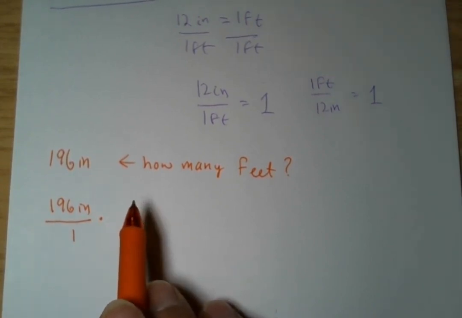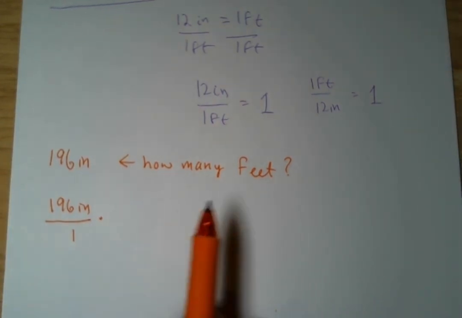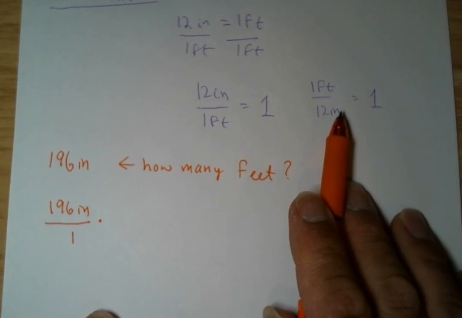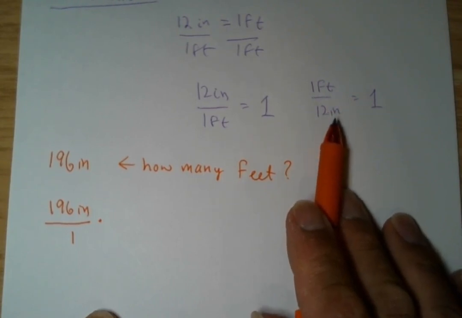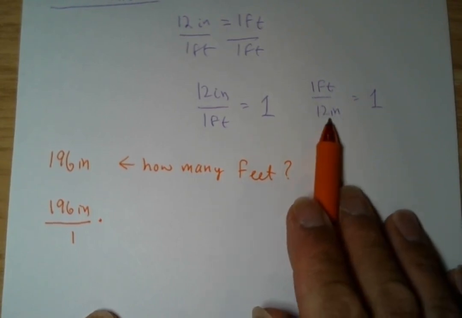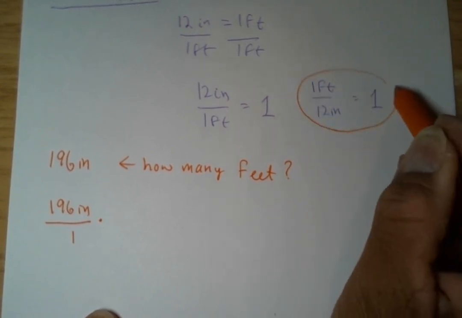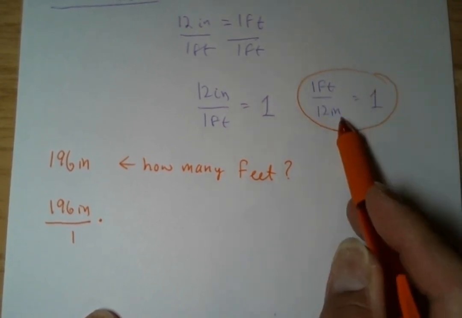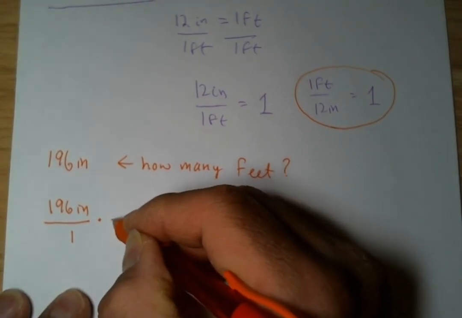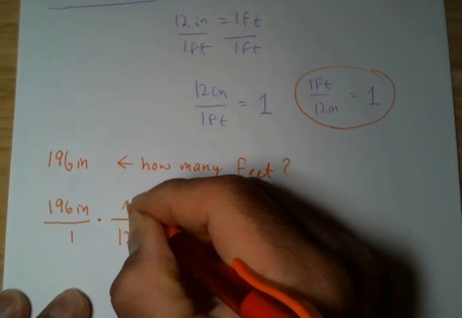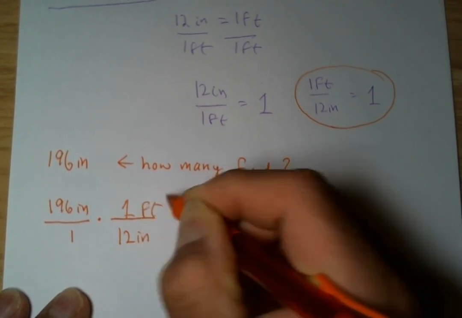That way the inches will reduce, and I'll be left with units of feet. Looking at my conversion factors, we see 1 foot per 12 inches. So this is the conversion factor that I want to use, because we have our inches in the denominator. If I multiply by this, we have 12 inches in the denominator, 1 foot in the numerator.